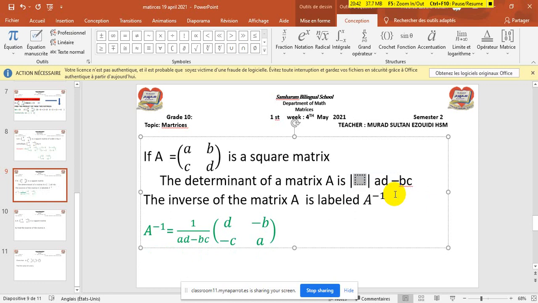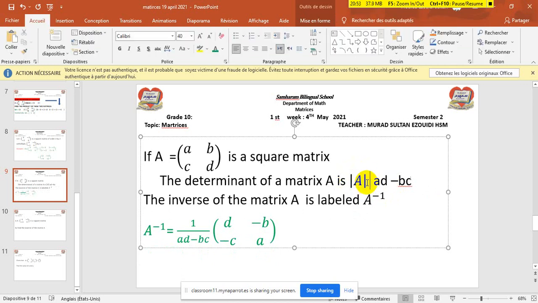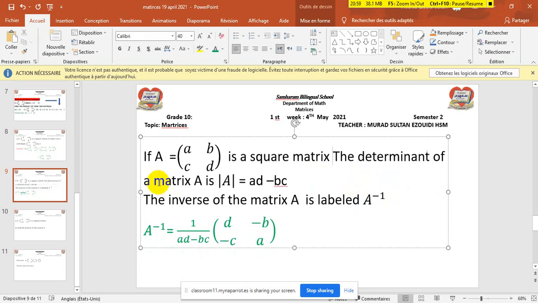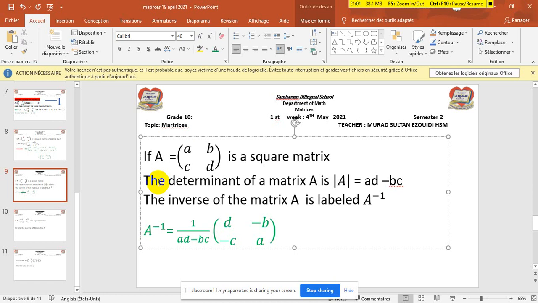I will write here capital A. You see, the absolute value A is called the determinant of the matrix. So in order to find the inverse of a matrix, you should first calculate the determinant.